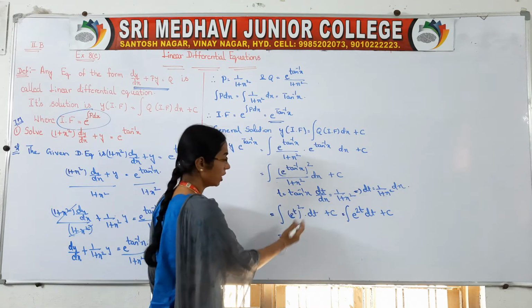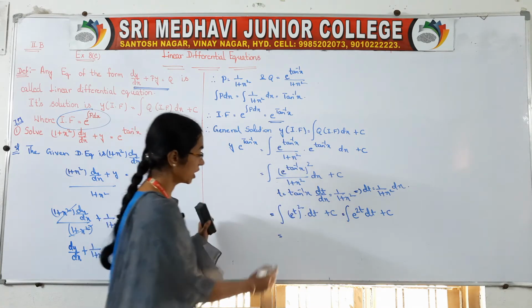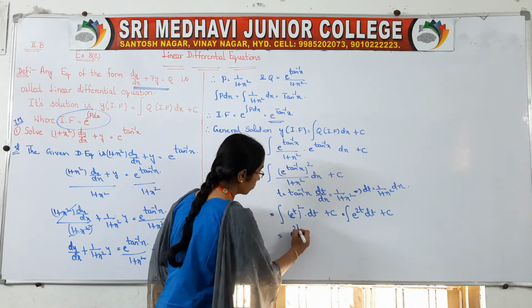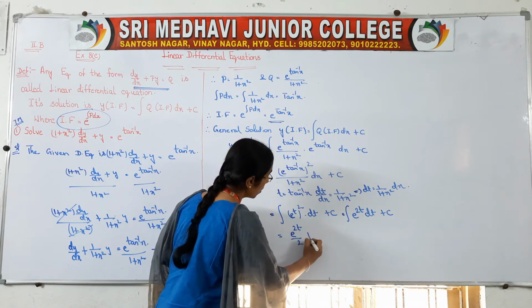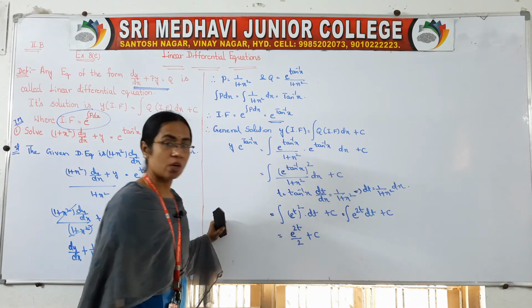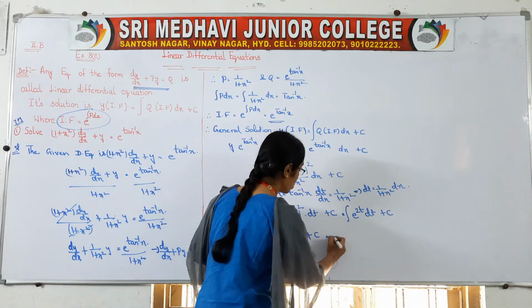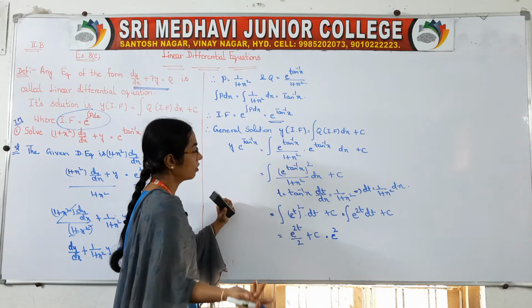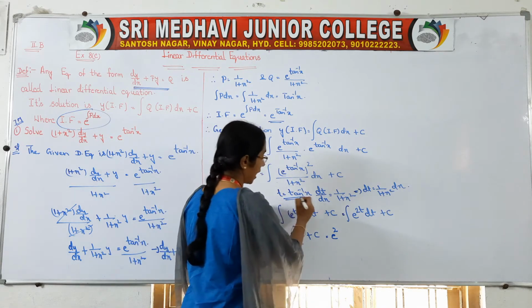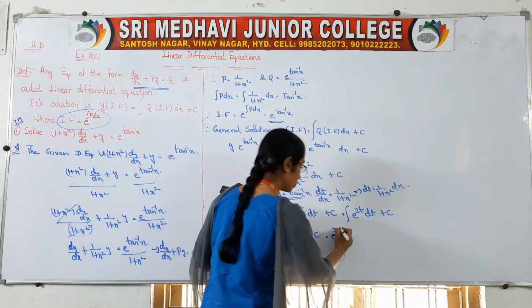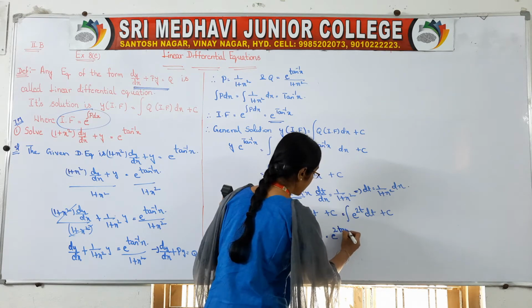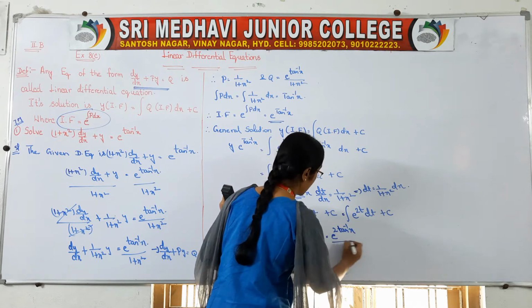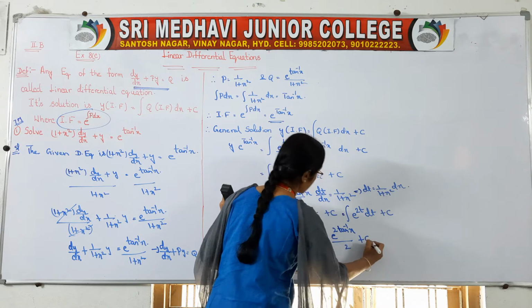You know the formula of integral e to the power of 2t is e to the power of 2t by 2 plus c. Okay, so it is equal to e to the power of 2... What is our t? We have taken t is equal to tan inverse x. So it is e to the power of 2 tan inverse x by 2 plus c.